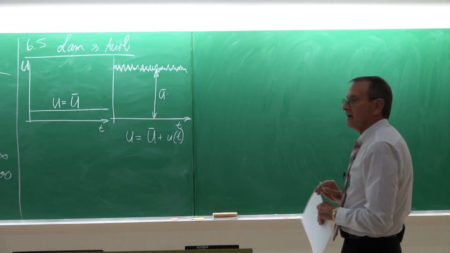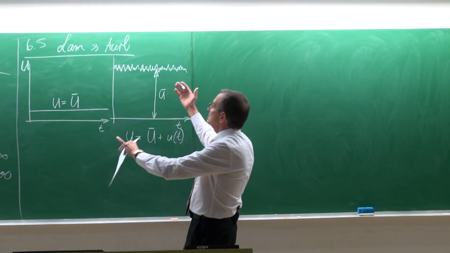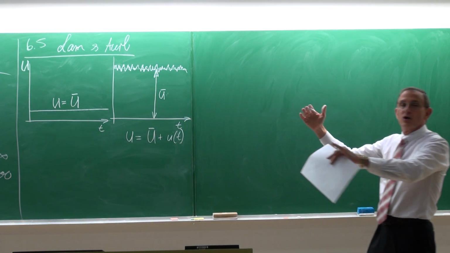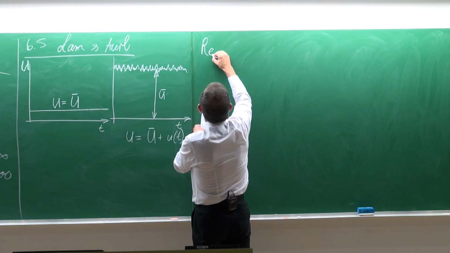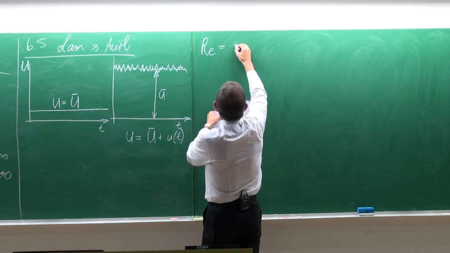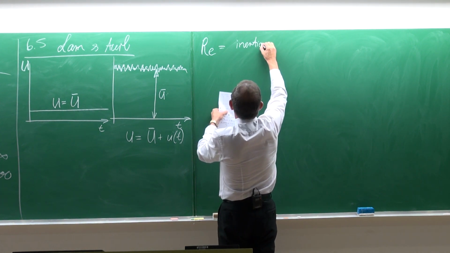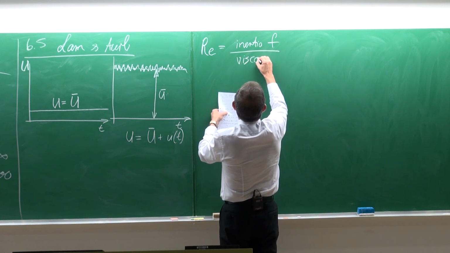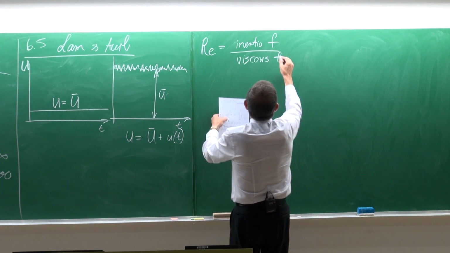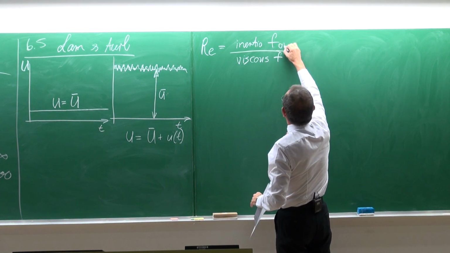You've already done that in fluid mechanics, I believe, and one of the simplest ways of determining laminar and turbulent flow is with a Reynolds number. The Reynolds number is the ratio of the inertia forces divided by the viscous forces. F is forces. I can write it out for you.